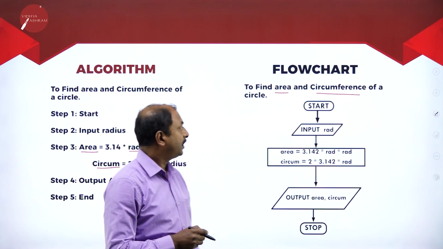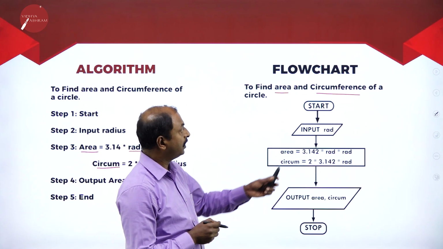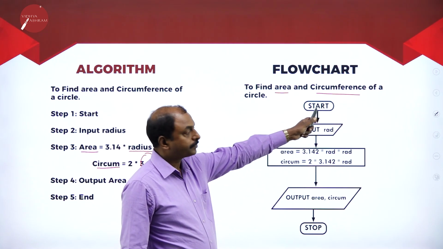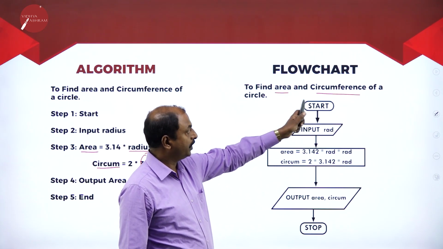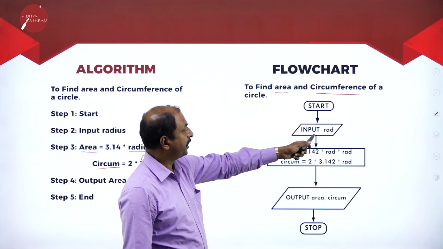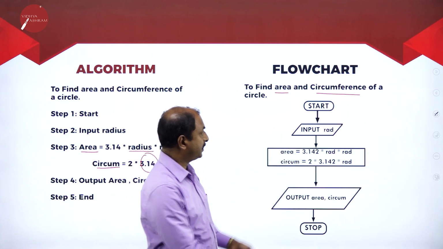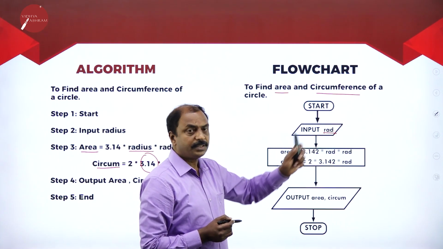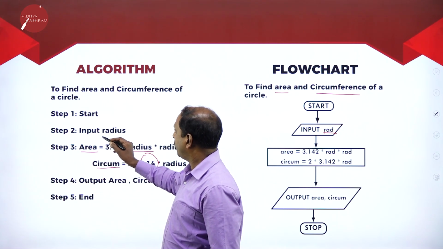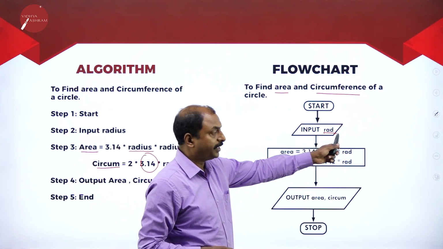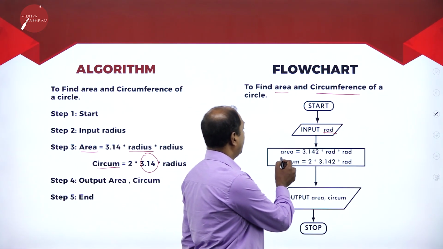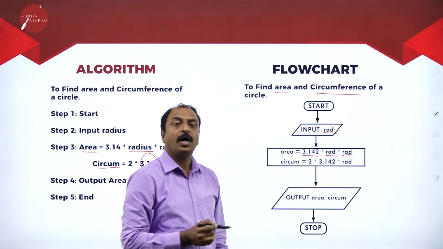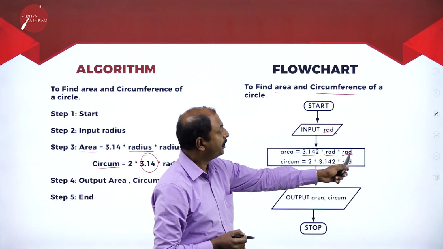Now let us see the flowchart for the same. As usual, the flowchart starts with an oval start, and the first step is input radius. RAD stands for radius. Here the formula is area equals pi r squared. We write r into r, or radius into radius.